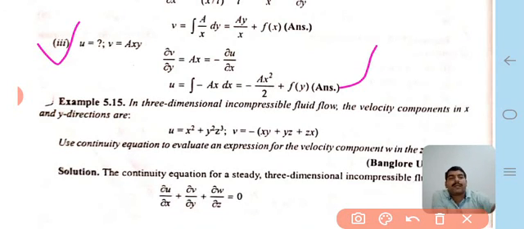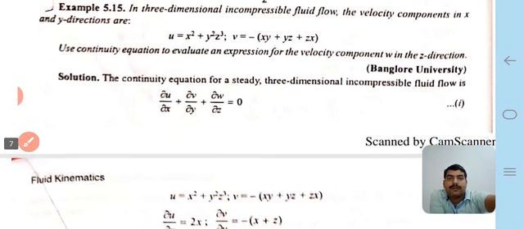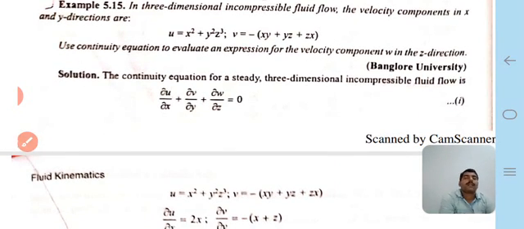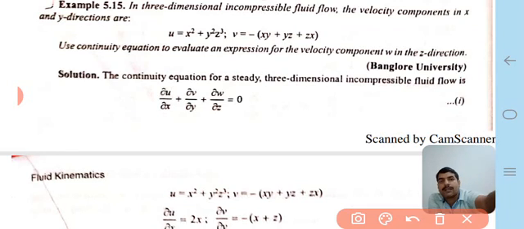Now we come to another type of example. In three-dimensional incompressible fluid flow, the velocity components in x and y directions are given. u is equal to x square plus y square z cube, and v is equal to minus within bracket xy plus yz plus zx.